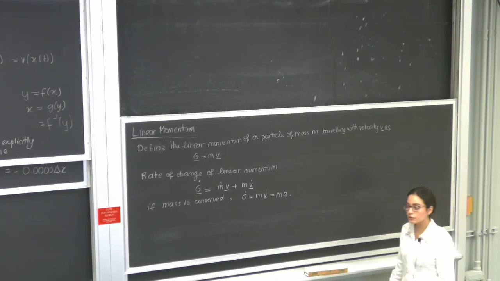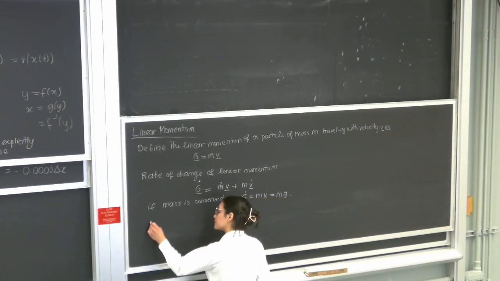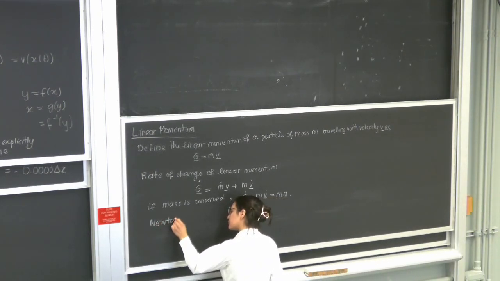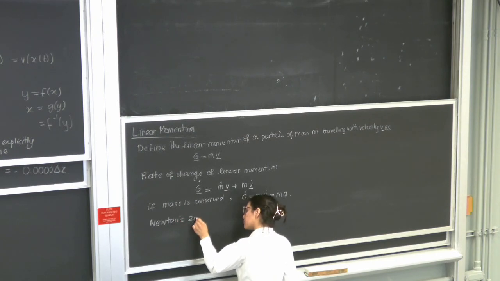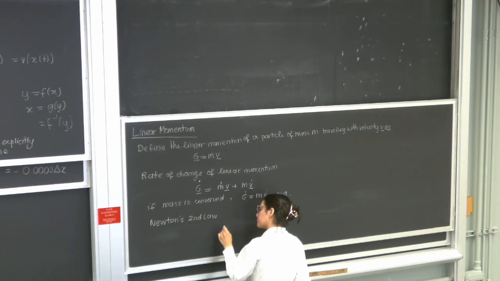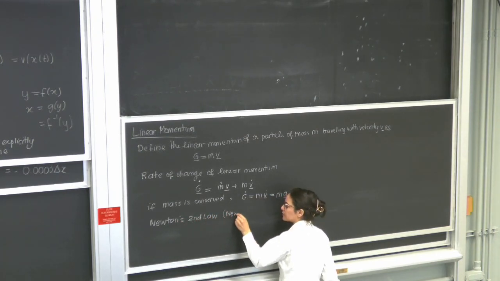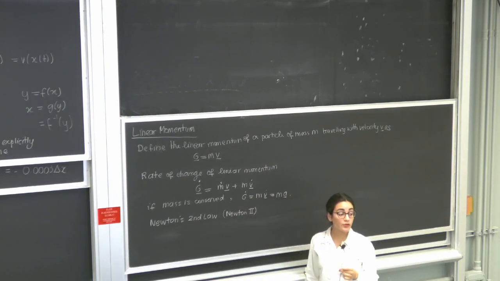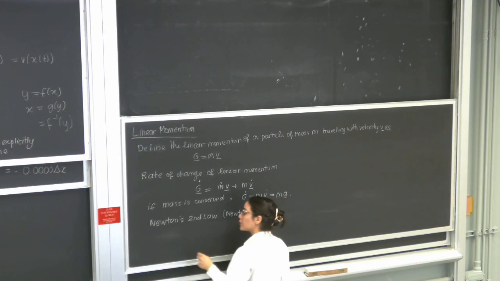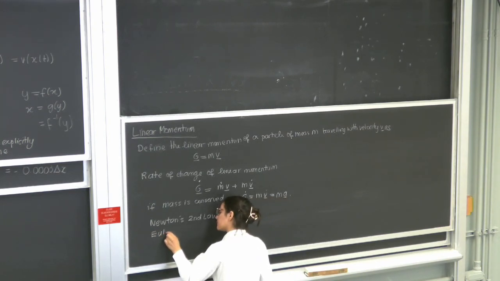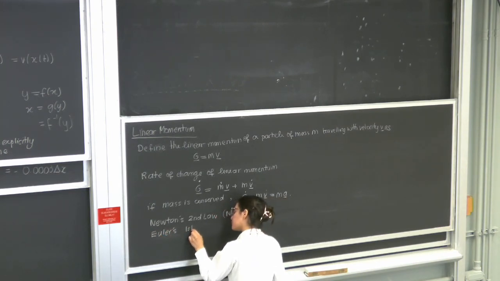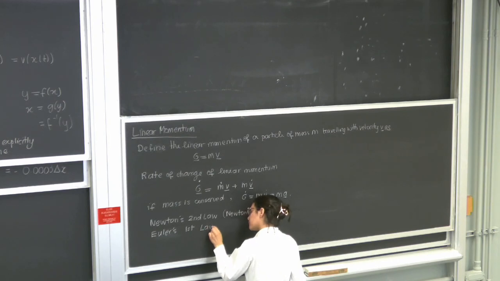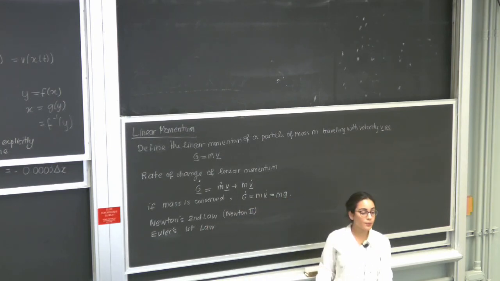Now, according to Newton's second law, I'm going to refer to that as Newton 2, or Euler's first law. Euler was the person who actually first wrote down Newton's laws mathematically.